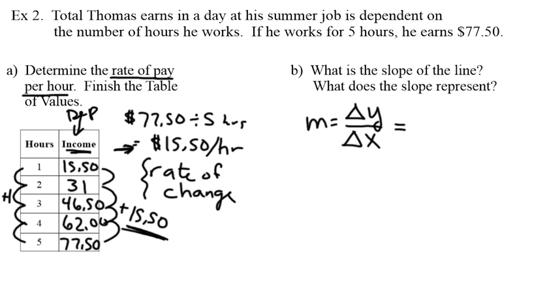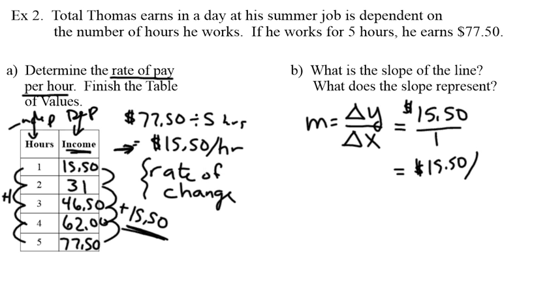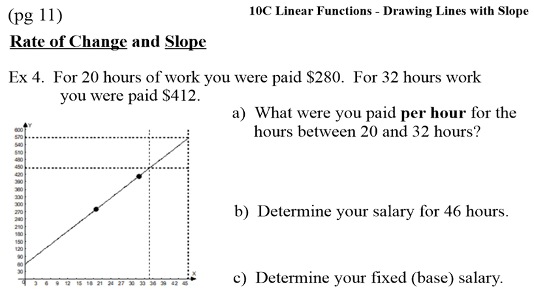Remember, there's your dependent. The change in y is $15.50. And what's the change in my x or independent? Well, it's a change of 1. So that is $15.50 per hour, whether you write it as rate of change or whether you write it as a slope. Slope and rate of change, exact same thing.